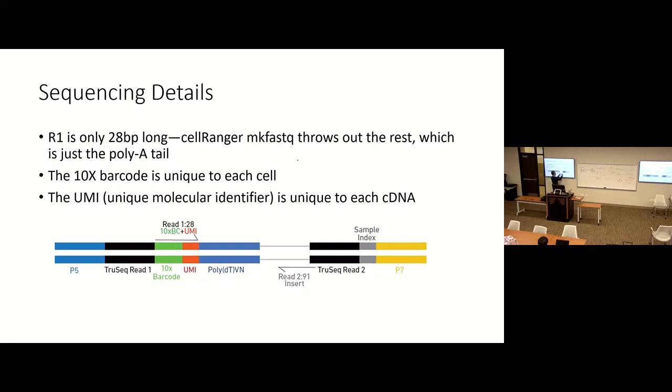And the R2 part will tell you which gene this fragment is from, because there are exon fragments inside here. And because of the pair, you link this with that. Okay, so that is the very general principle.